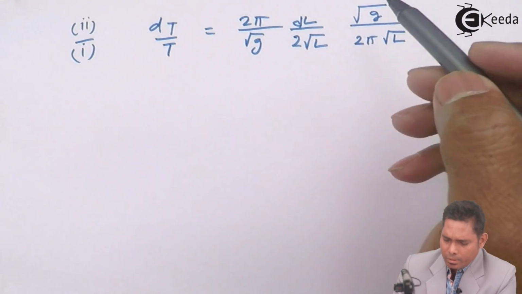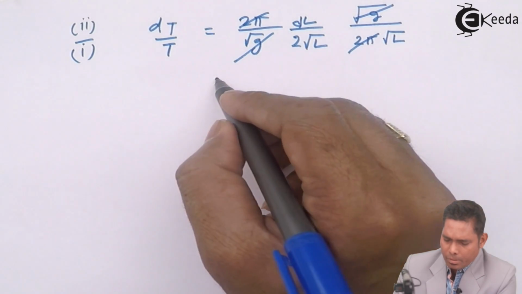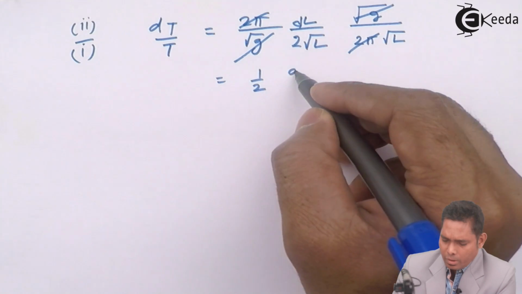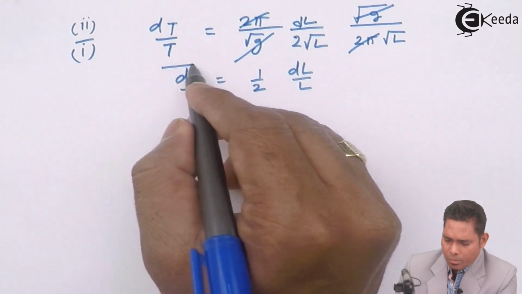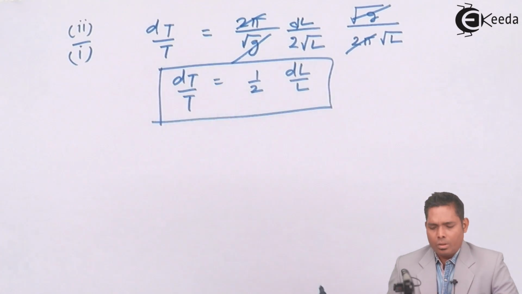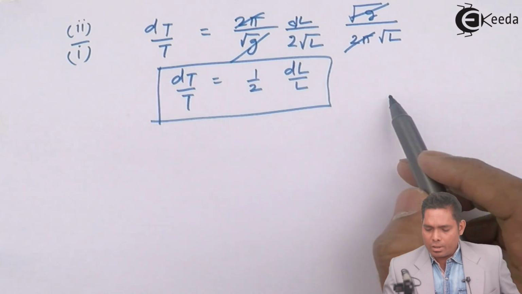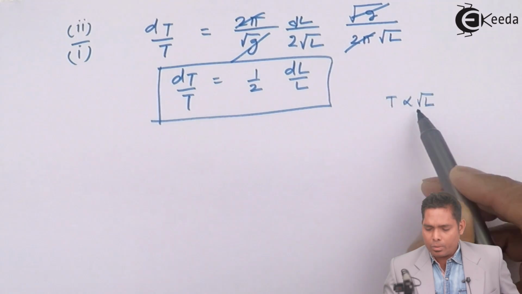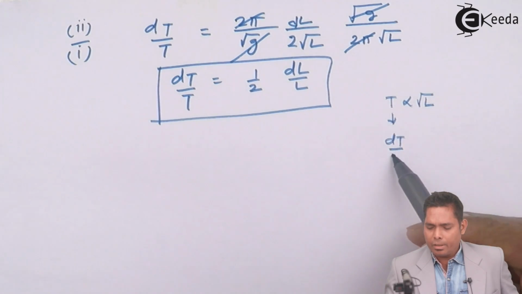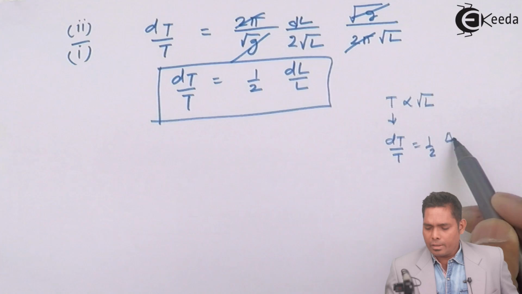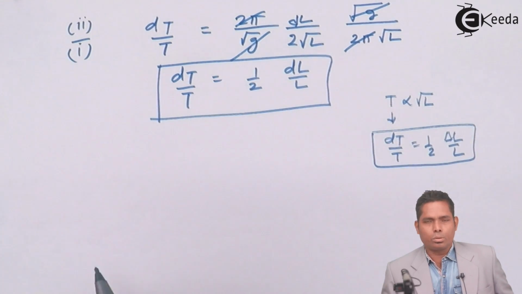You can see that the 2 pi cancels out, and this becomes 1 by 2 dL over L. This is the formula I'm going to use. Because T is proportional to root L, I could have directly written delta T by T equals half delta L by L. This is the equation we are going to use.